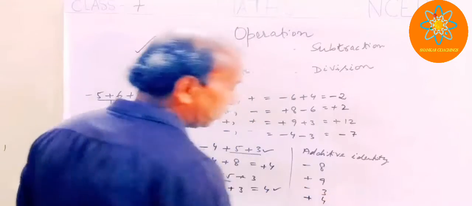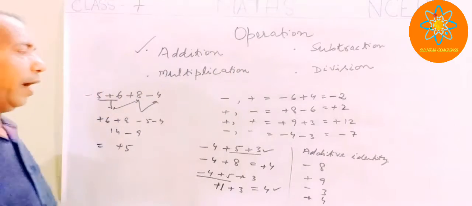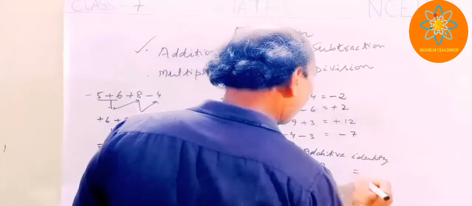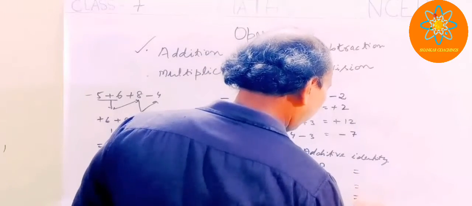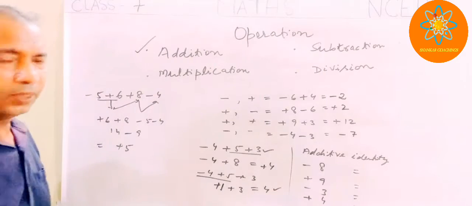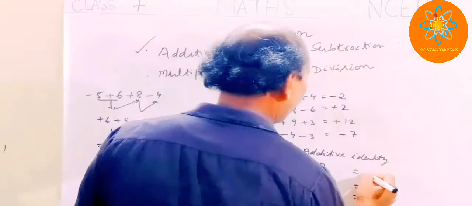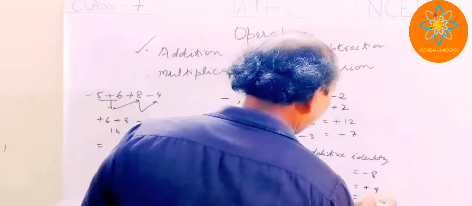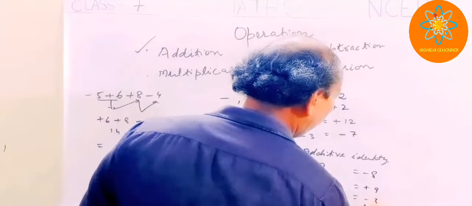plus 4. Suppose this number is given and I want to add something in such a way that I get the same result. Here it is -8, +9, -3 and +4. What value should you place here so that you get the same values? If you put +0 with -8, you will get the same result.